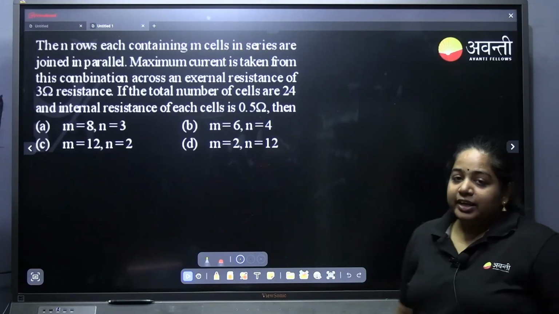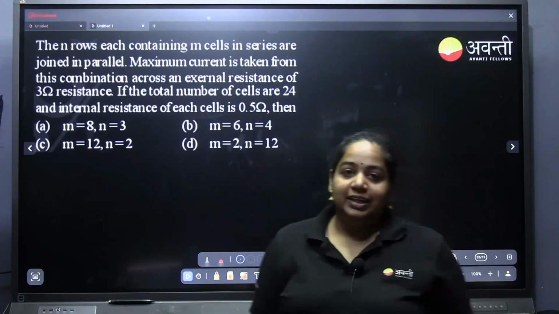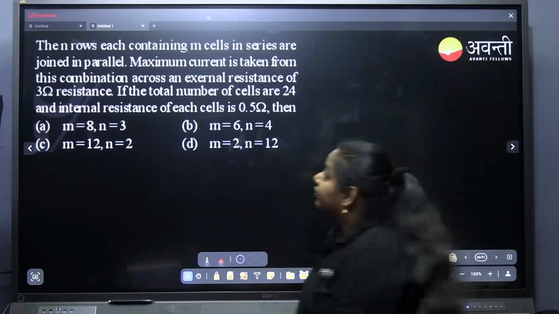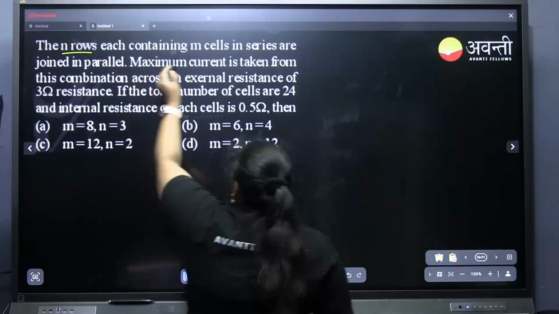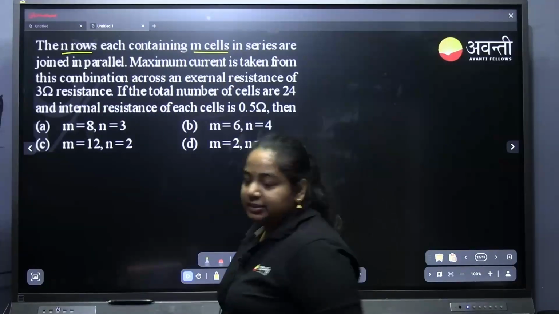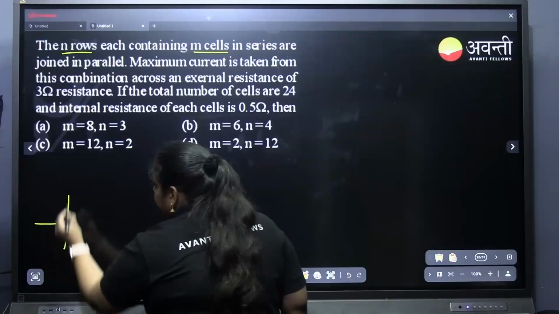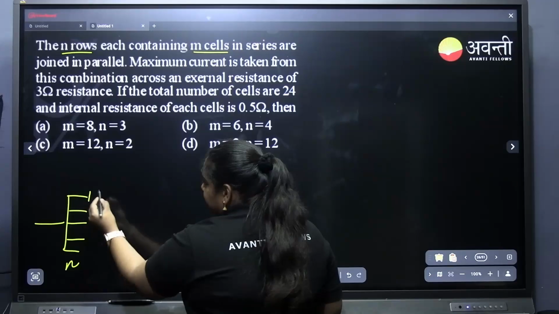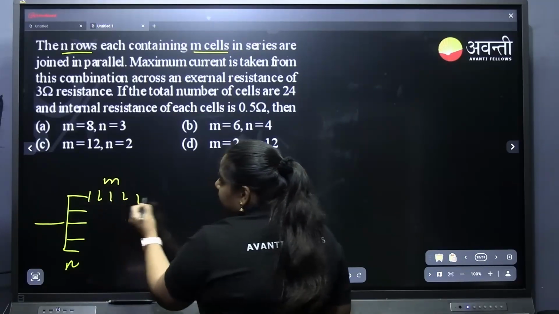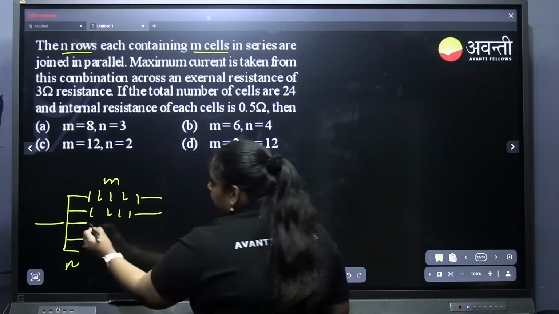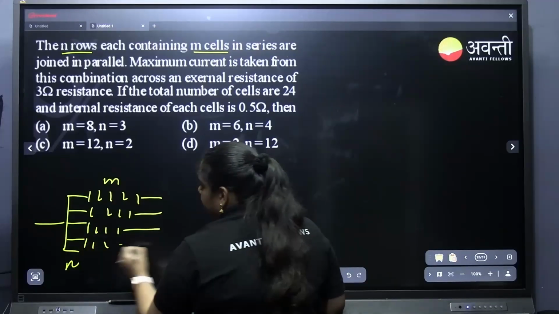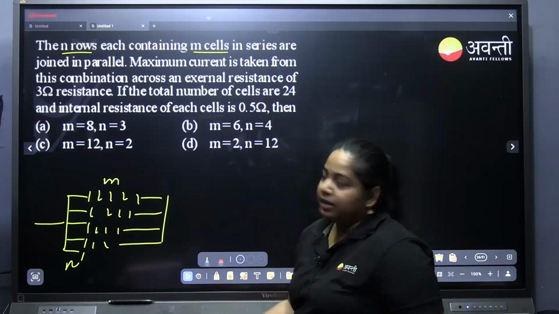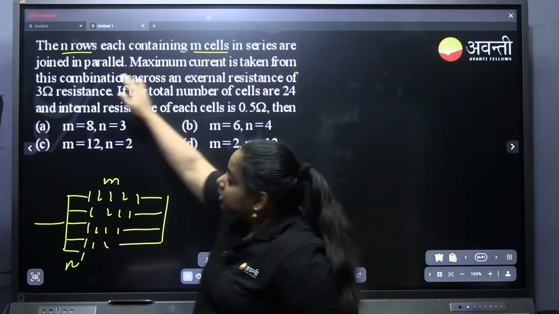Next one. This is the type of question I told you that we will see in PYQ. There are n rows, each containing m cells in series. These n rows are joined in parallel.